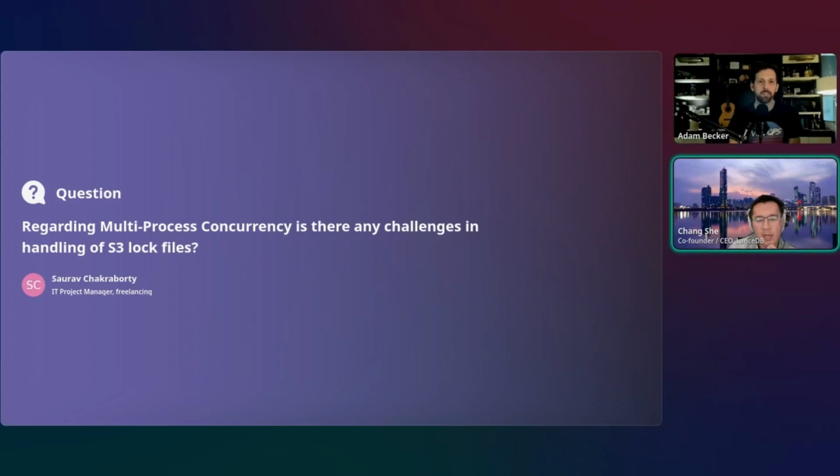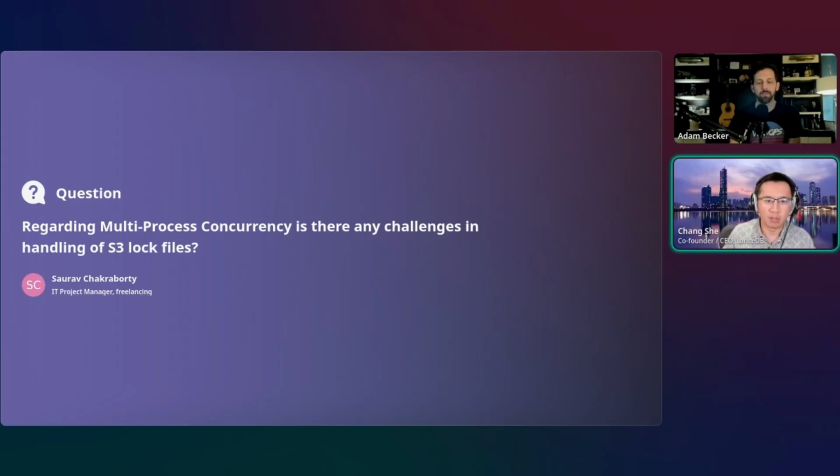Less so the lock files, but with these large data sets, the big challenge is that it becomes really easy to hit the bandwidth limits of an S3 bucket. So the strategy that we have is we allow folks to stripe a single Lance table across multiple storage accounts.